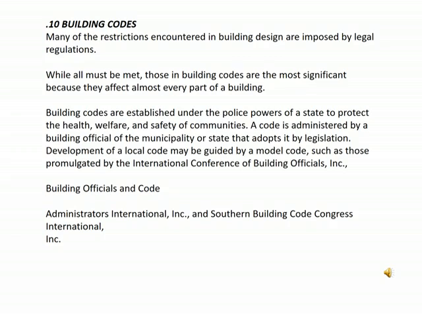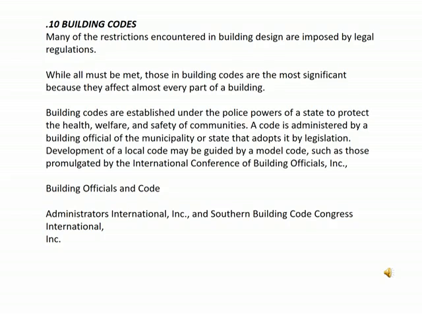Building codes are established under the police power of the state to protect the health, welfare, and safety of the communities. A code is administered by the building official of the municipality and state and adopted as legislation. So in this case, the building codes safeguard public safety, so appropriate standards have to be provided, and those building codes are administered by the building official of the municipality and protected by legislation.